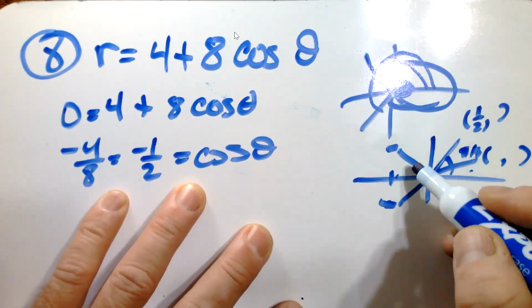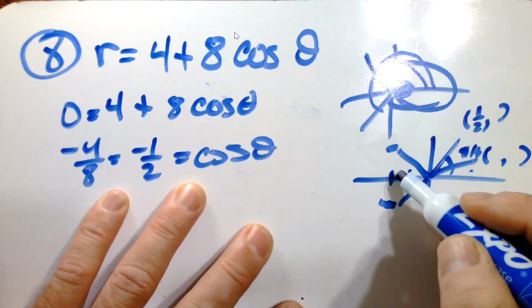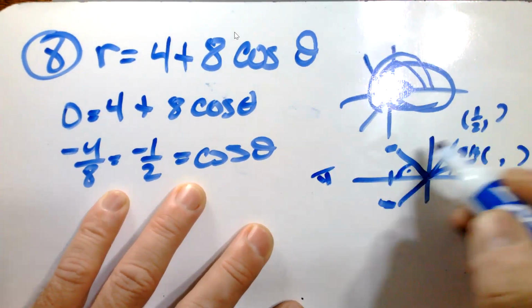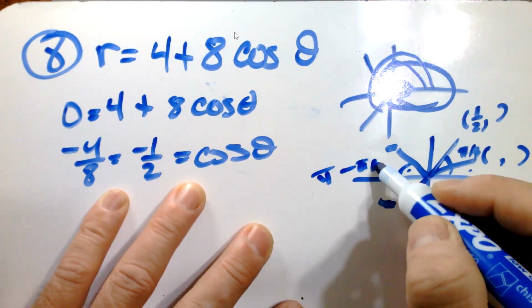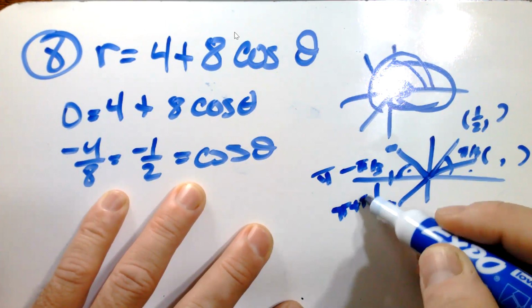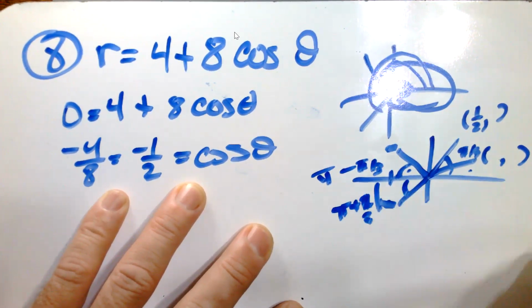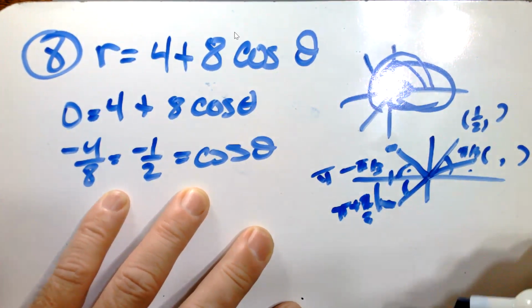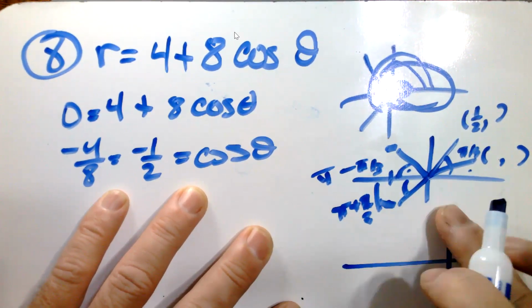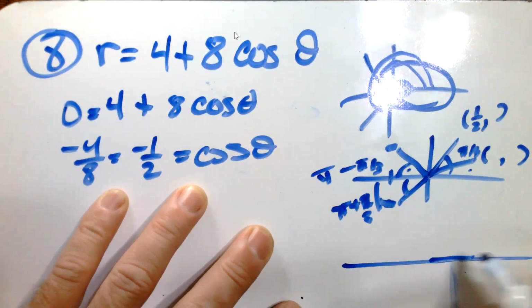And so this one here, this is pi, and we come up that same amount, so that's going to be minus pi over 3. And likewise, if this is pi, we're going to go pi plus pi over 3 to get to that little extra bit there. If that's not clear, I understand that might be a little confusing. So let me erase this and consider a straight line.